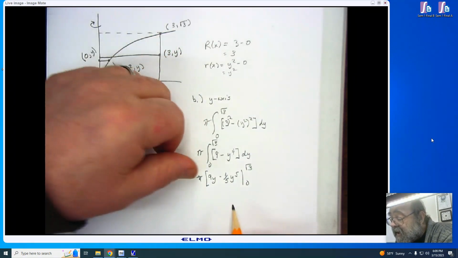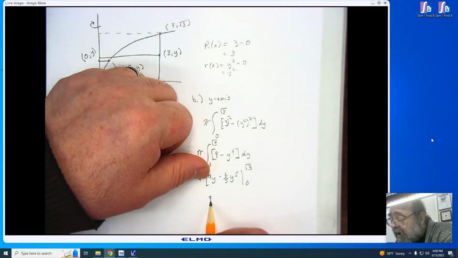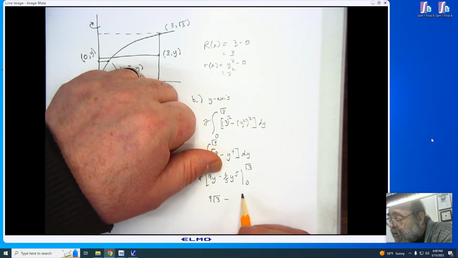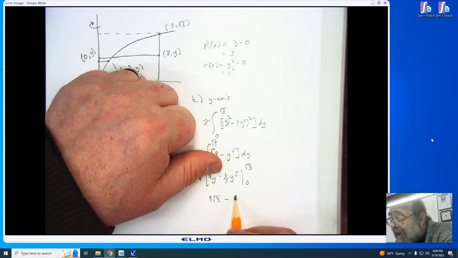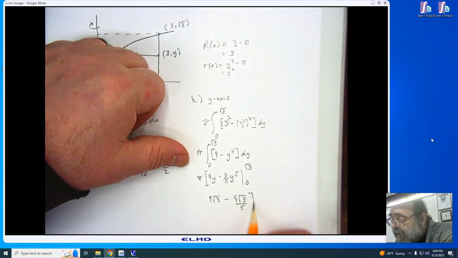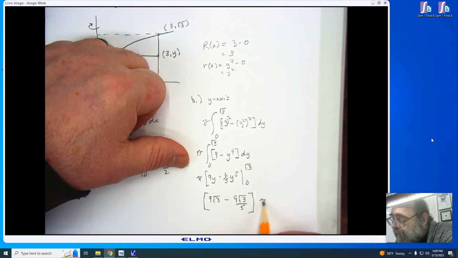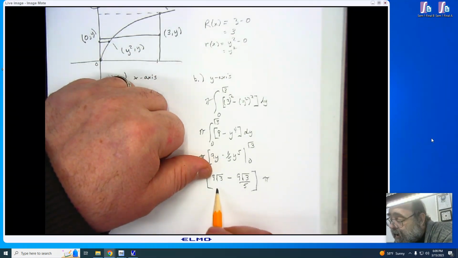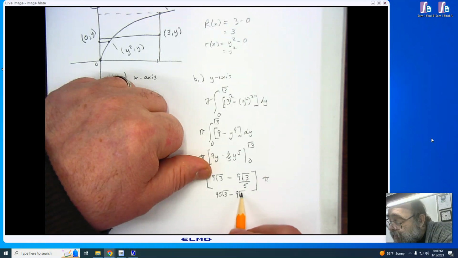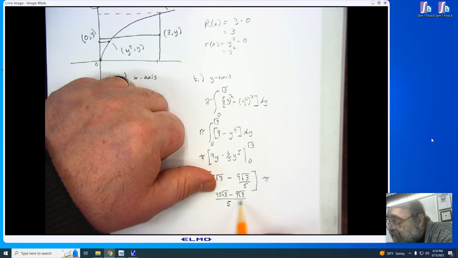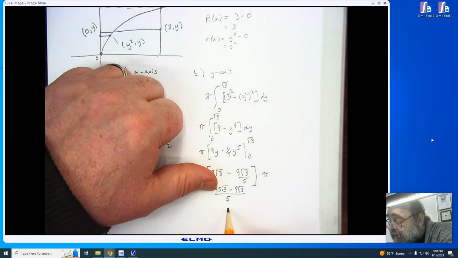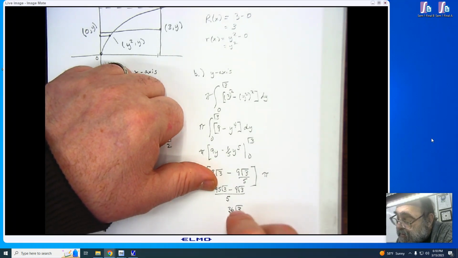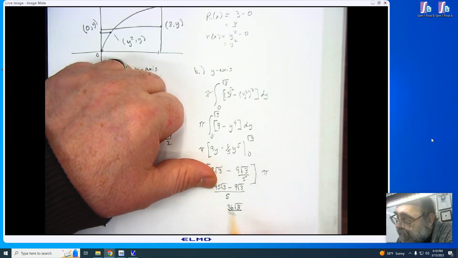The zeros all cancel, so that's not an issue. But I do have 9 root 3, and I'm going to subtract 9 root 3 fifths, multiplied by pi. To get my common denominator, I'm looking at 45 root 3 fifths minus 9 root 3 fifths, which leaves me with 36 root 3 fifths, times pi.